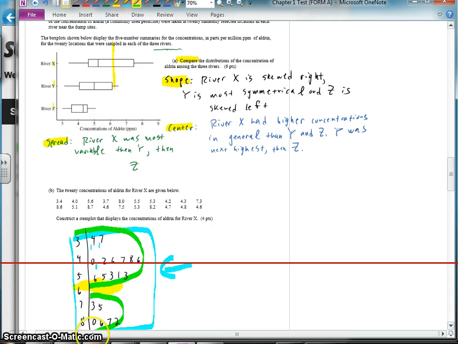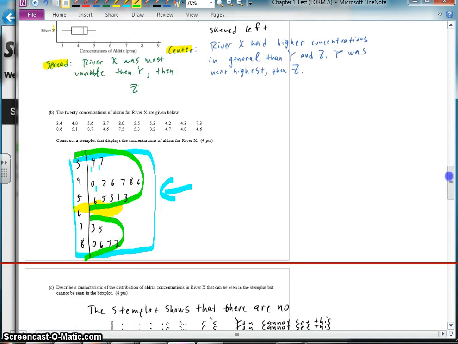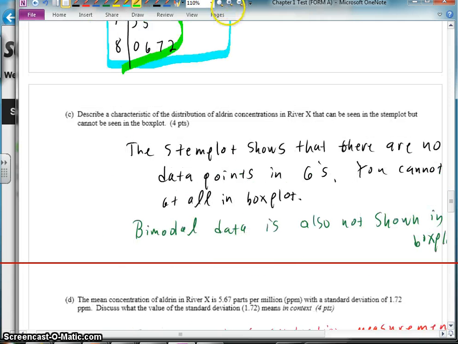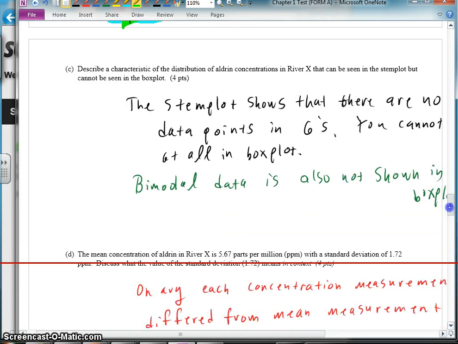Some people just referred to the fact that the actual data are shown in the stem plot and they're not shown in the box plot. That's true, but that's not specific enough about what the actual data show. Okay, so in order to get full credit for that question, you sort of had to say one of these two things.